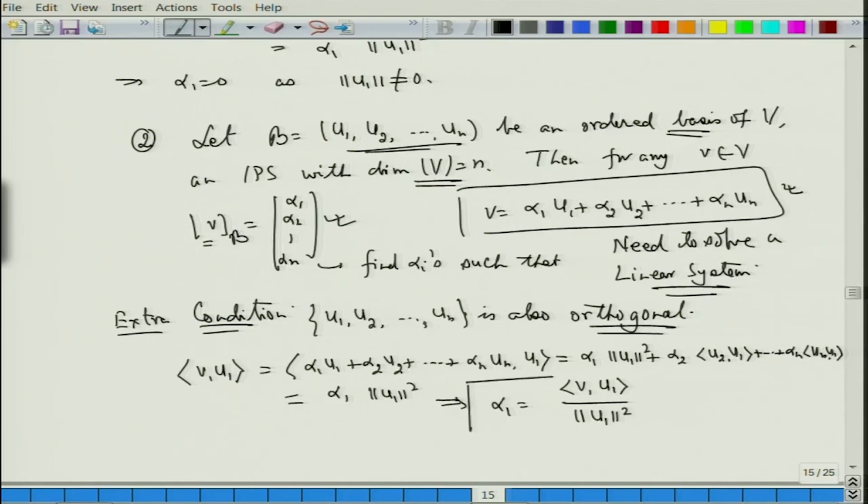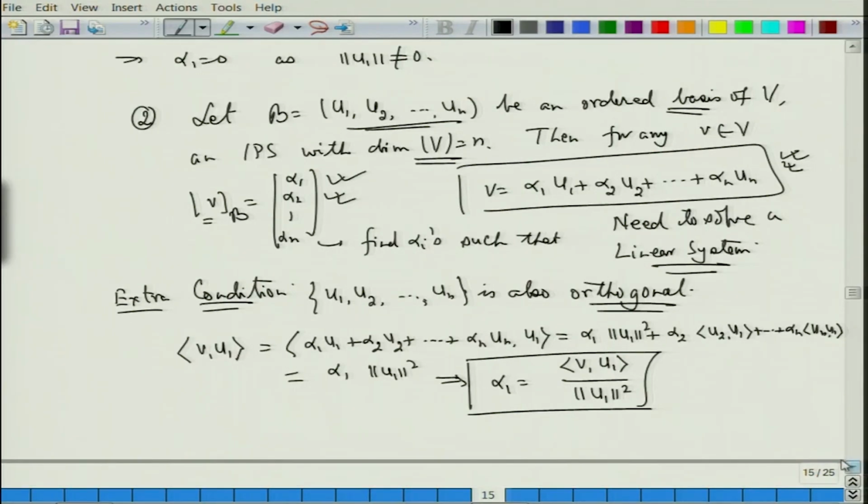That's all. In place of solving a linear system, I can get the coordinates directly. I don't have to do any calculation, I just have to find the inner products to get my coefficients. Is that okay? That's one thing.